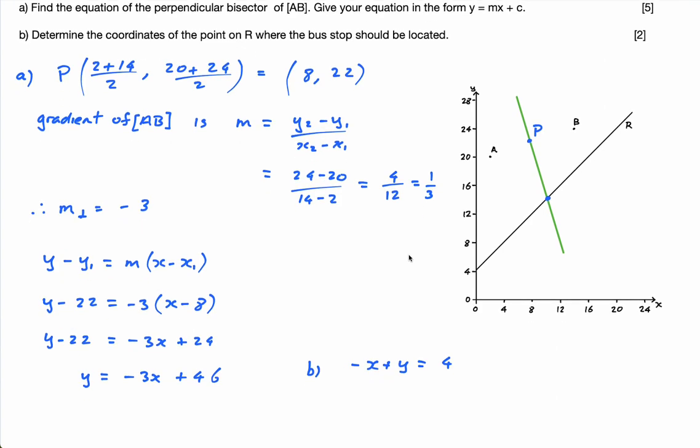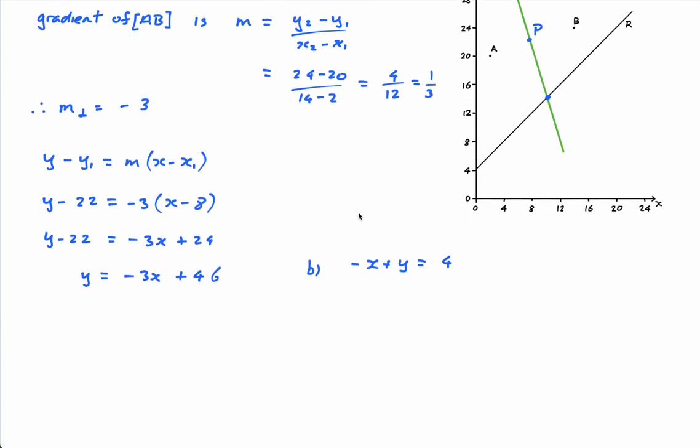Let's rearrange this: add x to both sides, so y equals x plus 4. To find where y equals x plus 4 and y equals minus 3x plus 46 meet, we can equate them, or on our calculator, we can just sketch them.